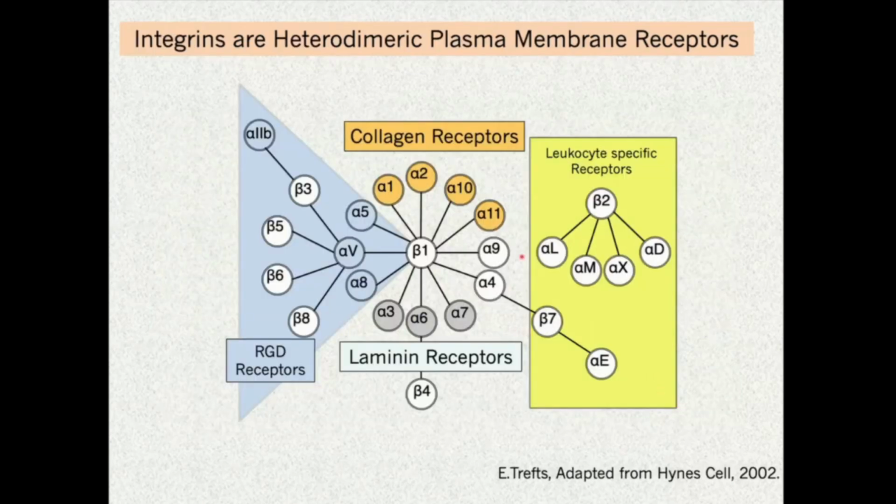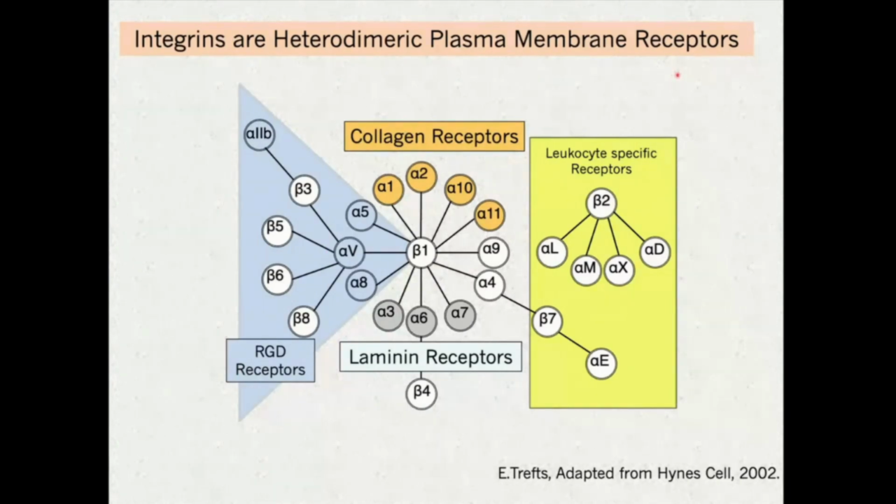Now, just a brief introduction. There are 18 different alpha subunits and 8 beta subunits in the heterodimeric integrin receptors. So there's an alpha and a beta. The alpha subunit conveys specificity of ligand binding, whereas the betas have a tail that extends into the cytoplasm and signals to the cell adhesion proteins.